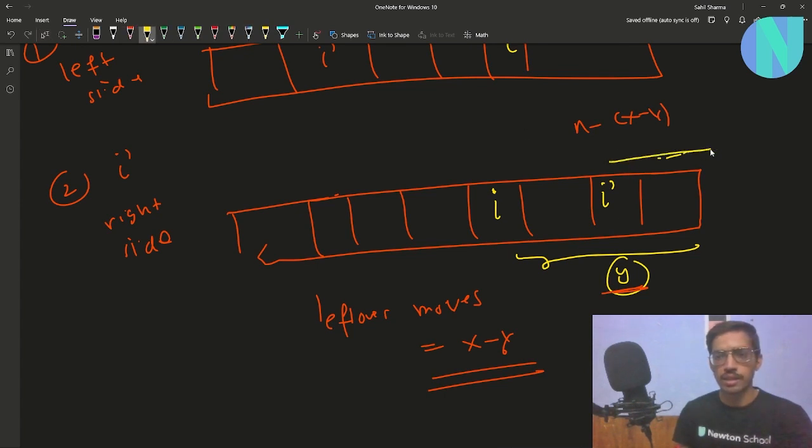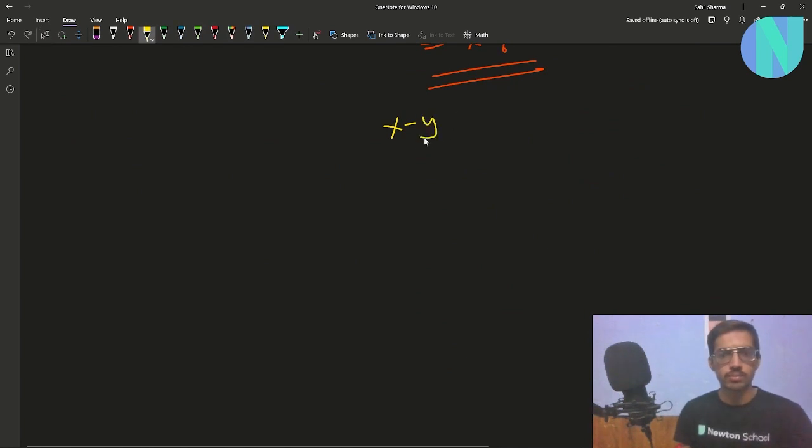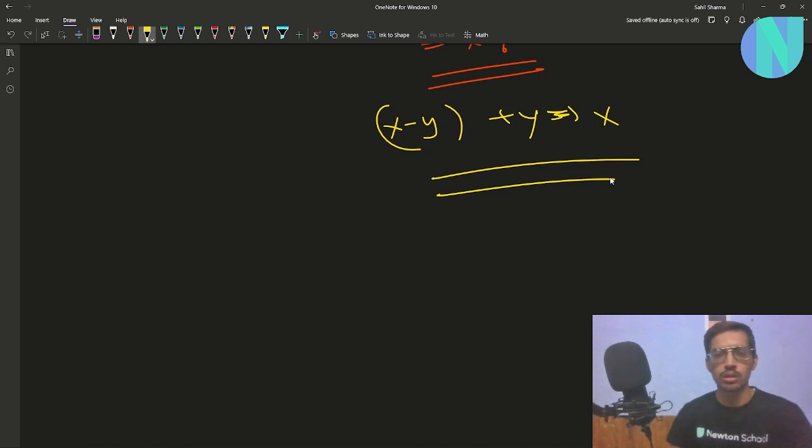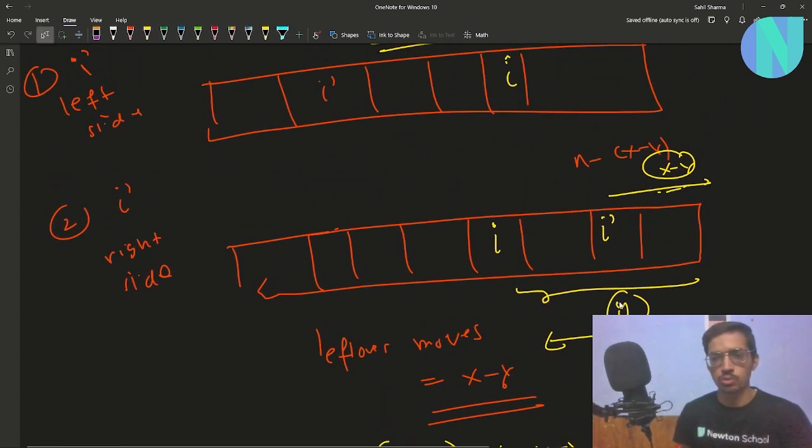You will take x minus y moves to move this side, and then you will take y moves to move this side. So in total you will take how many moves? You will take x minus y plus y. In total you will take x moves, right? So if your difference of I from n is equal to y and your face value is equal to x, then your I dash will be how much?